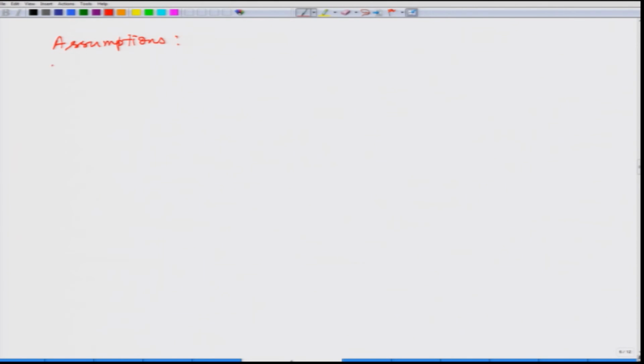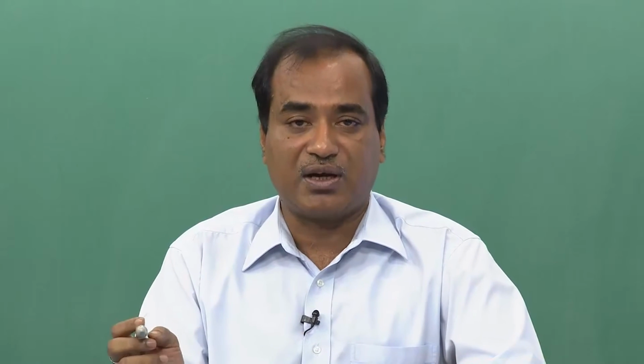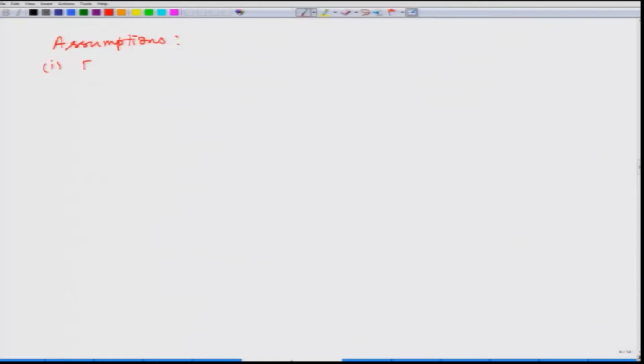So, if you remember, the first assumption we had made was that the expected value of epsilon i is 0. Now, in case of the multiple linear regression model, we do not have one epsilon i, but we have a vector of epsilon i's. So, I can assume that the expected value of epsilon is equal to the null vector.